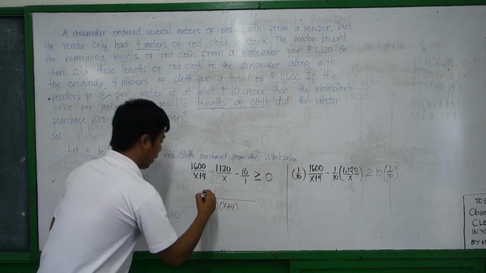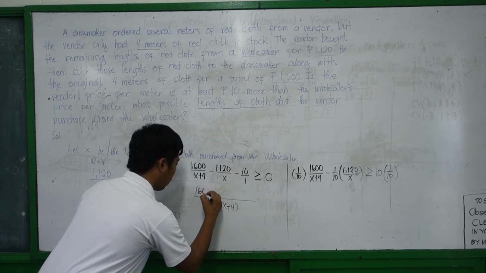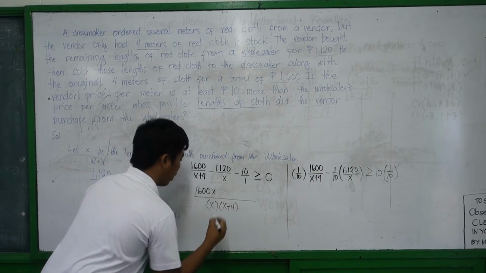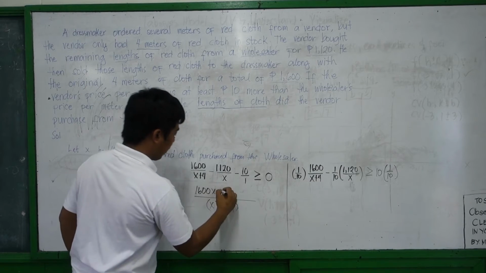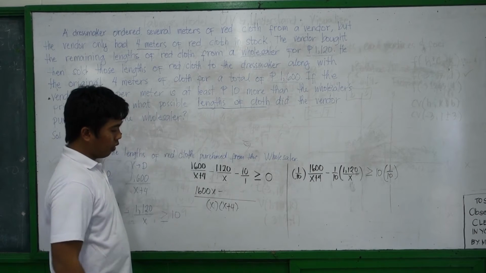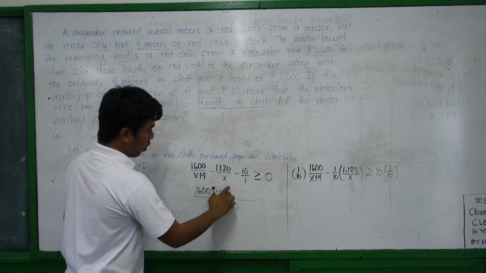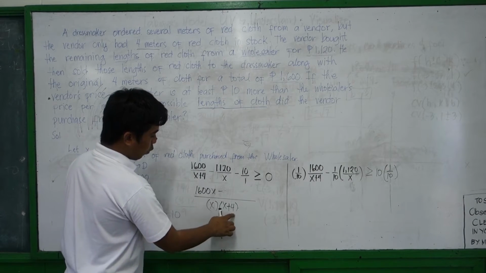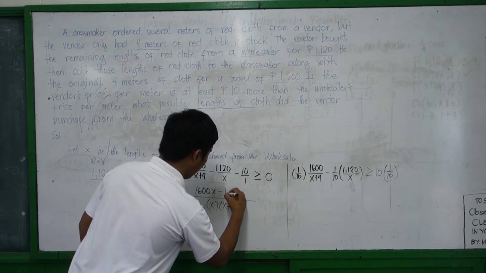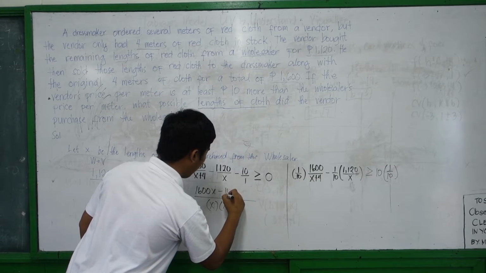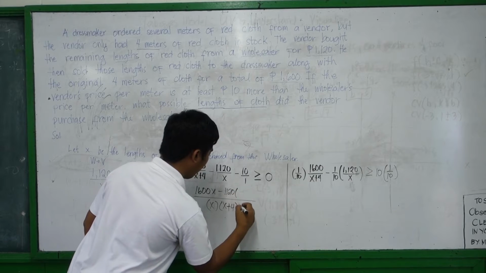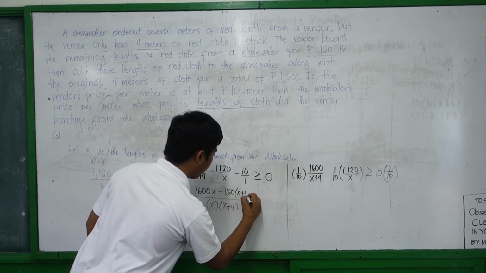So, 1,600x. Okay? So, 1,600x. Copy the symbol. Okay? Same. Cancel ang x. X plus 4 mahabilin. So, meaning 1,120 multiply to the quantity of x plus 4.